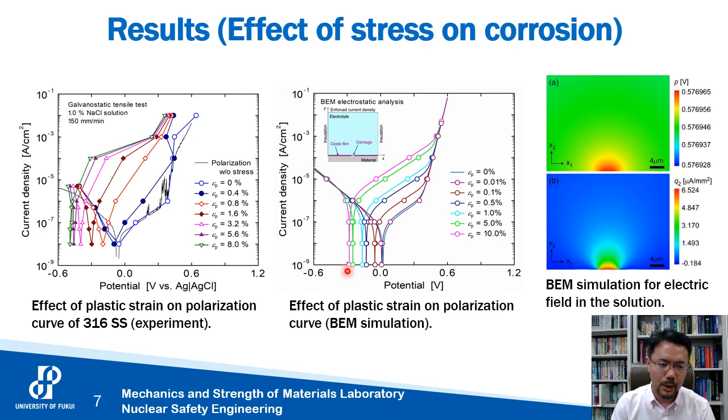So now we have the polarization curve depending on the damage of the oxide film. So we can perform the electric analysis for any stress condition. So we can evaluate the corrosion rate in any stress condition. So this is the starting point of the stress corrosion simulation.